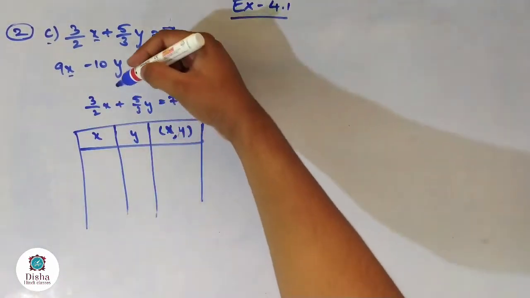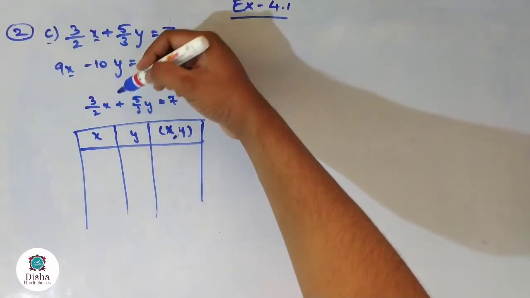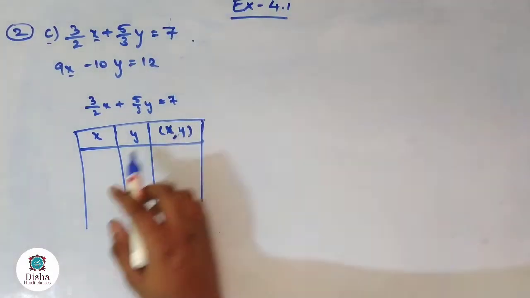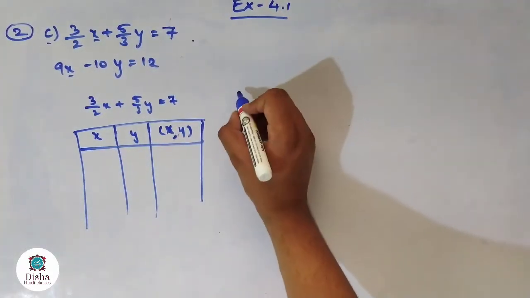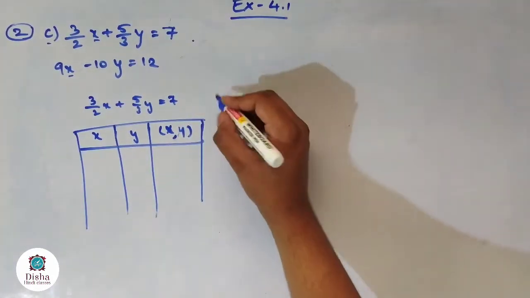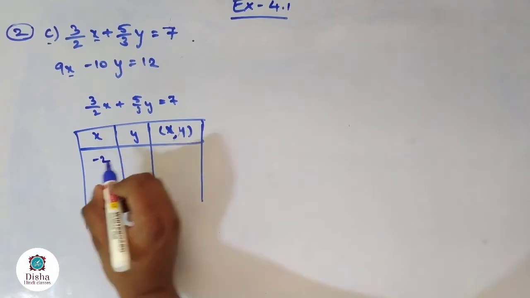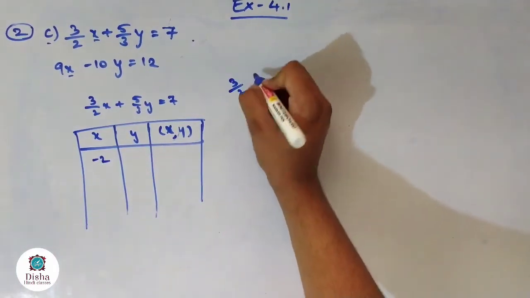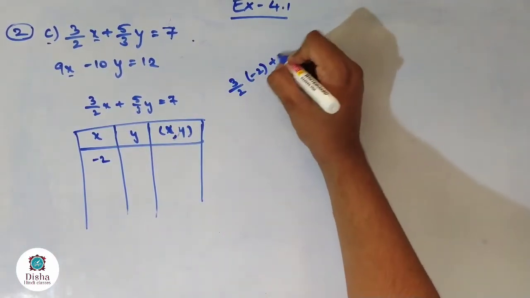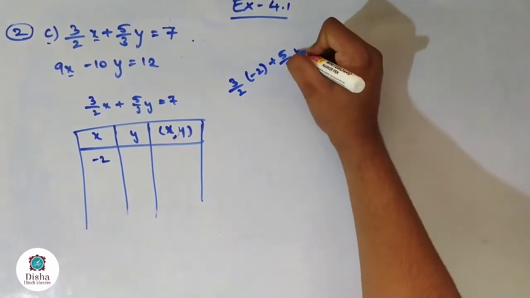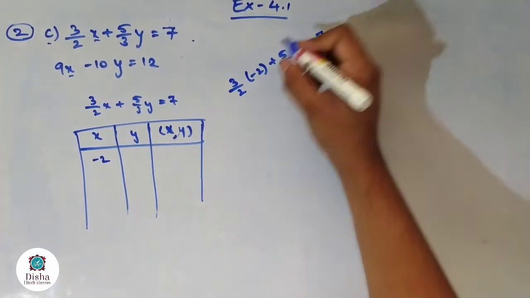So for the equation 3 by 2x plus 5 by 3y equals 7, let us take the x value as -2 first. So we will start from -2 to +2. If we take x value as -2, what will we get? 3 by 2 into -2 plus 5 by 3 y equals 7.